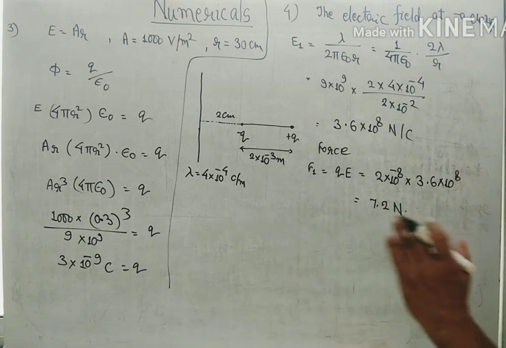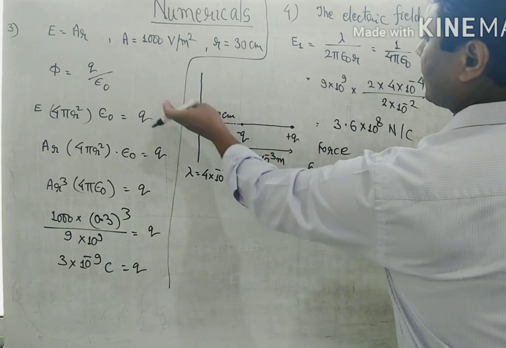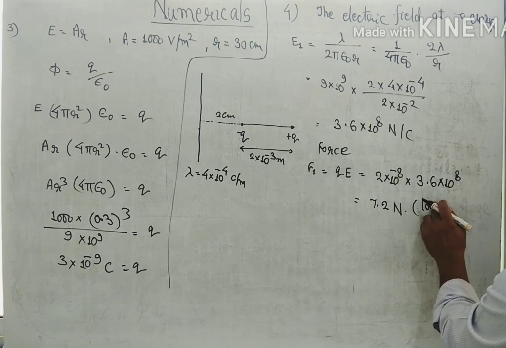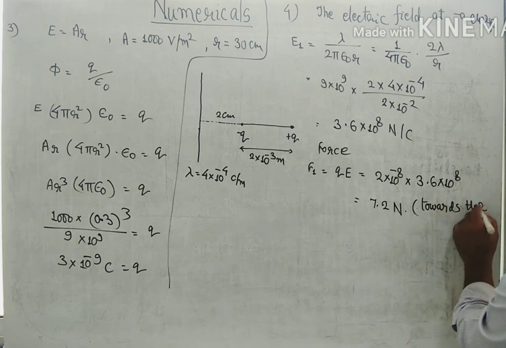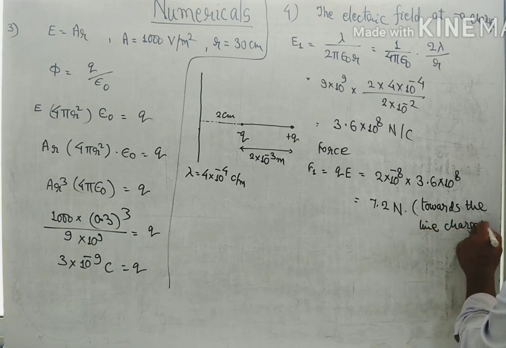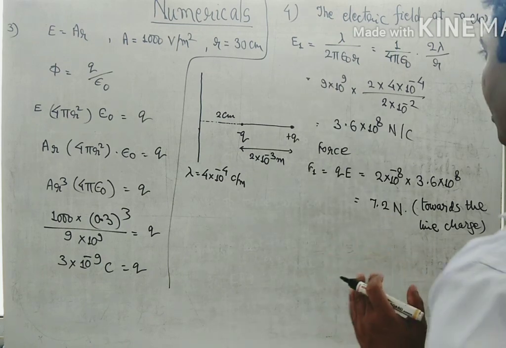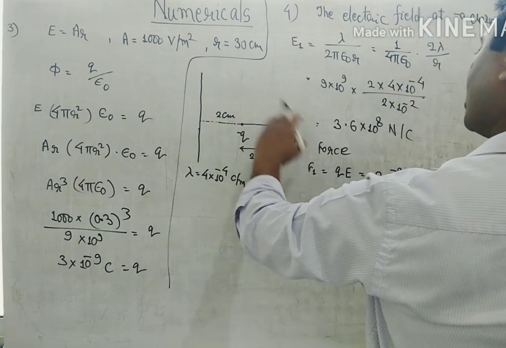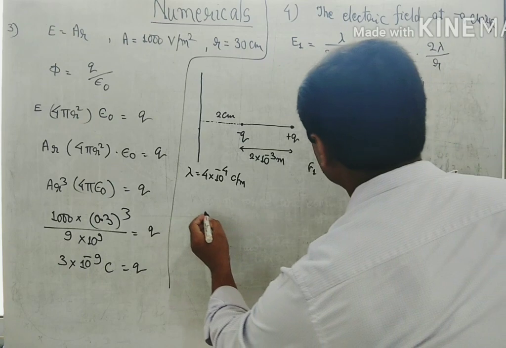And what's the direction, students, of this force? It is towards the line charge. So you must clearly mention the direction, towards the line charge. So this is half done. We are half done now. Now we'll calculate the electric field here due to this line charge, and multiplying that with Q we will have the force.